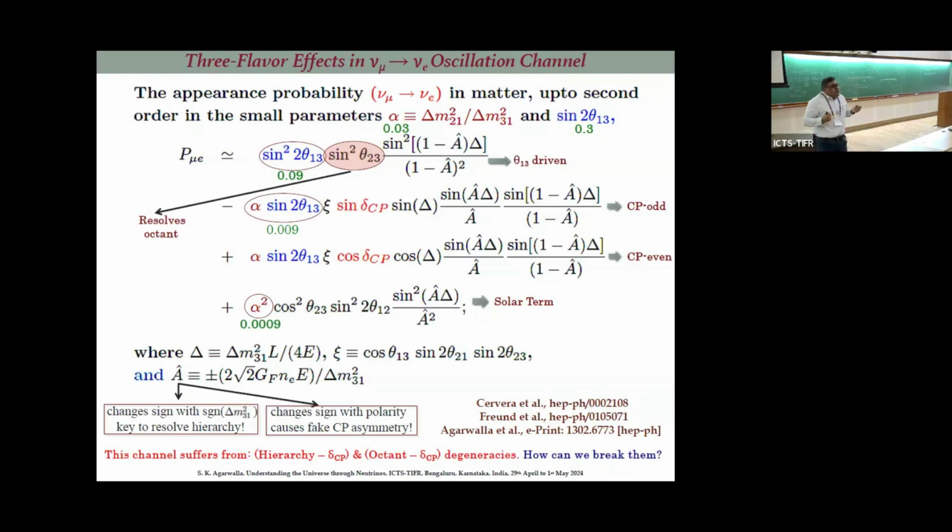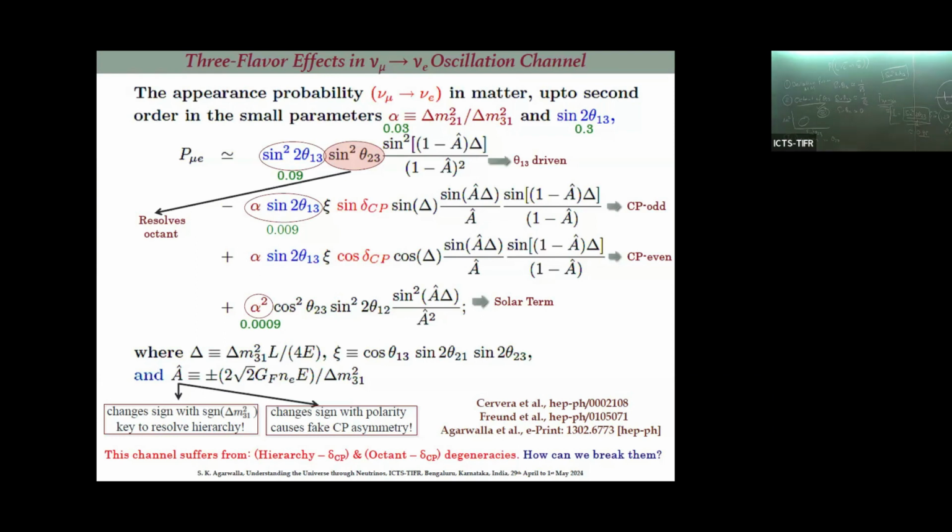Another way is to probe a different channel. Like I told you, in reactor, the channel you probe is nu_e bar to nu_e bar, right? Disappearance of electron antineutrino. It will give you a delta CP and theta 23 free measurement of theta 13.